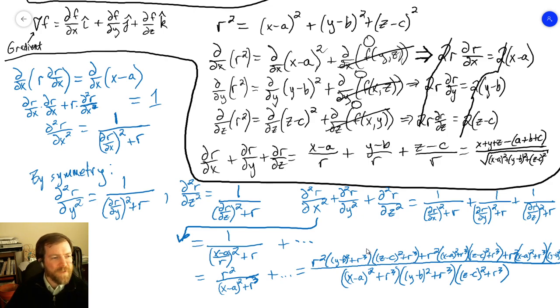Did you get any further than that? Allegedly either 2 over r or 3 over r. I mean, I can believe it, but I don't know if I want to go any further.